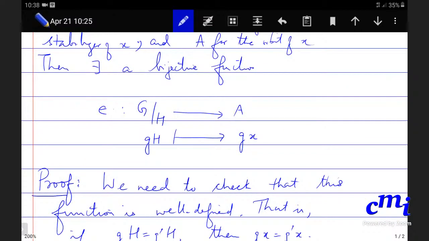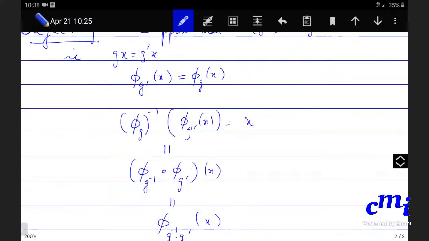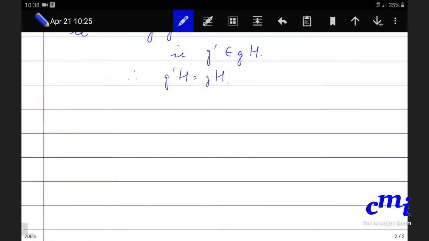This is a natural map that we have. We would like to use this to study the structure of groups and various things. Most of today's discussion will revolve around this point.